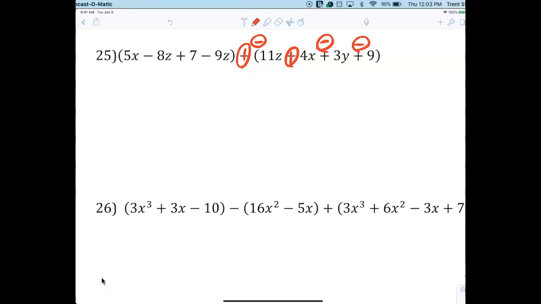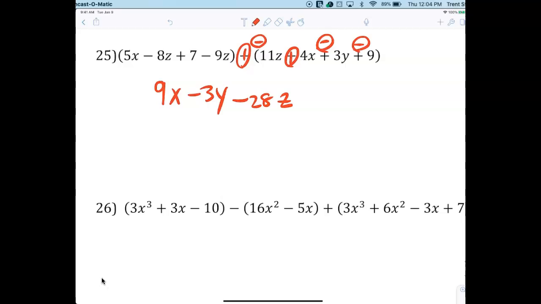Okay, so 4x plus 5x equals 9x. Good so far. So then we move on to our y's, and we only have 3y, but that's a negative now, so negative 3y. Good. And now z's, so negative 8z plus negative 9z and 11z equals 28z or something. 38z.